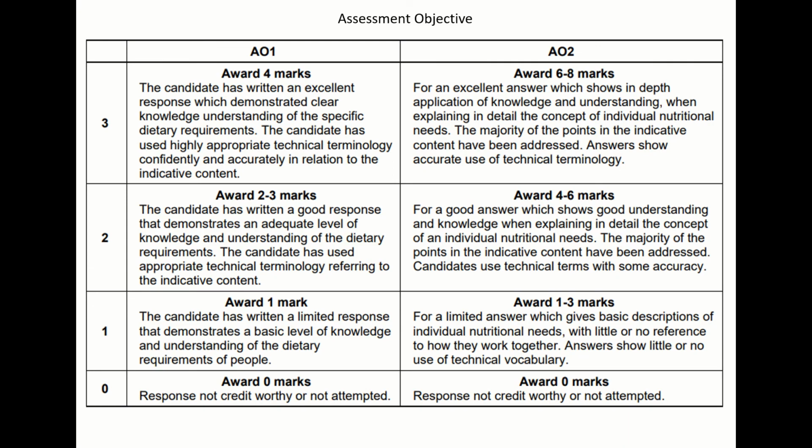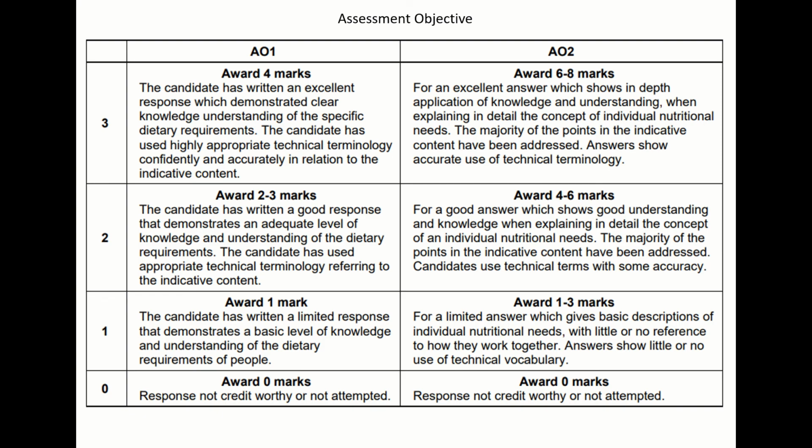So let's have a look at how you would get 4 out of the 12 marks, and that is if you have written an excellent response demonstrating clear knowledge and understanding of the specific dietary requirements, you have used highly appropriate technical terminology confidently and accurately, and in relation to the indicative content, so the content that I've read out and explained that you could get your marks for, have you covered all of this content?